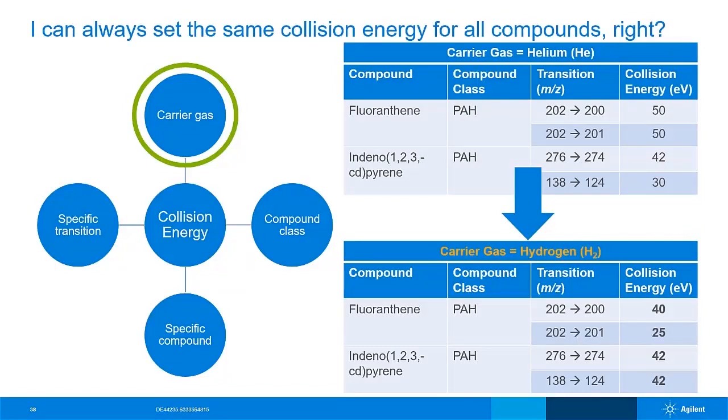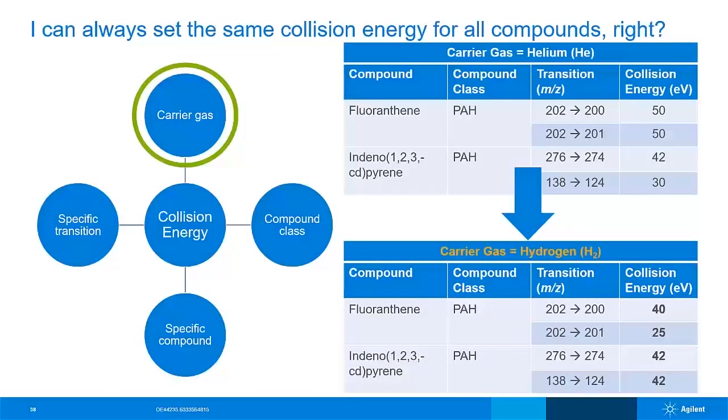Looking at the same transitions for fluoranthene, less energy is required for both of the transitions when we have hydrogen as the carrier gas. The transitions go from 50 eV in both cases to 40 eV for that 202 to 200 transition, and down to 25 eV for the 202 to 201 transition.